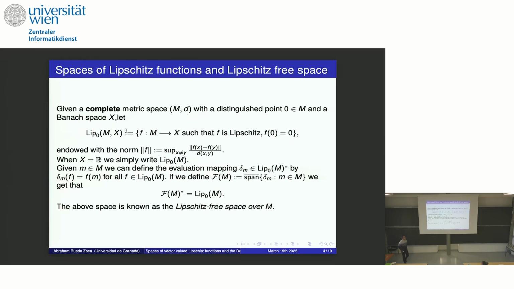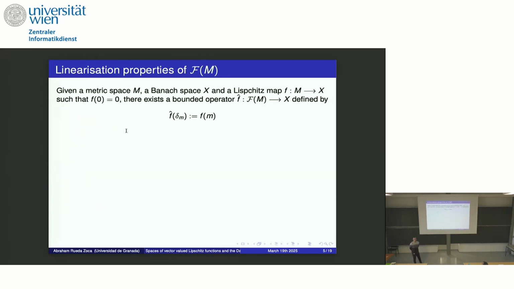This space is also very well known because it is roughly said that Lipschitz free spaces linearize Lipschitz functions. The formal way in which we can say that is that whenever we have a Lipschitz mapping F from M to X which vanishes at our distinguished point, then we can define a bounded operator hat F from F(M) into X, defined simply by acting on evaluation mappings, just evaluating, and extending by linearity and continuity to the whole F(M).